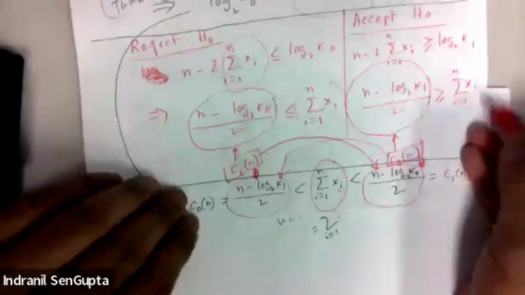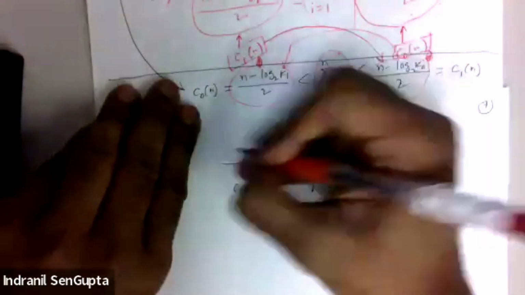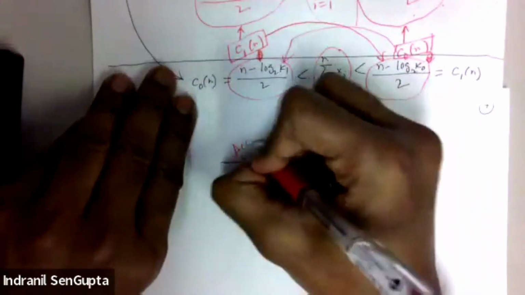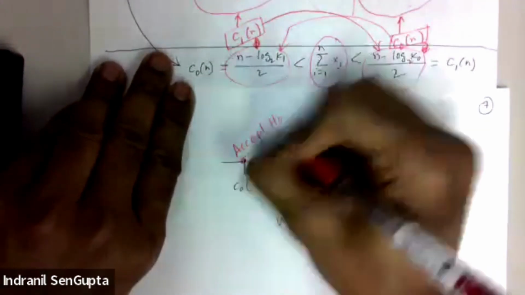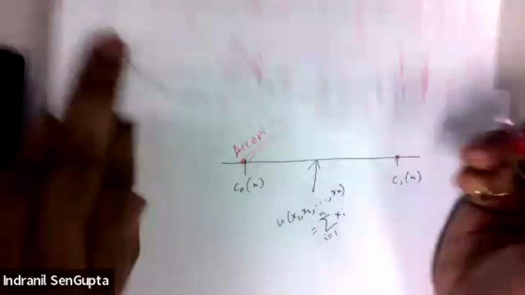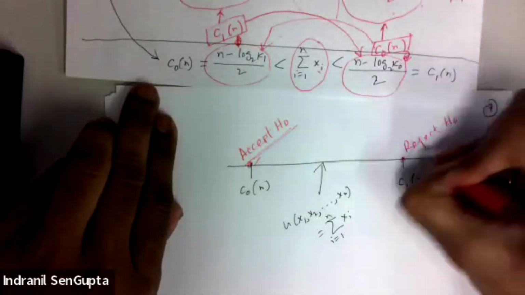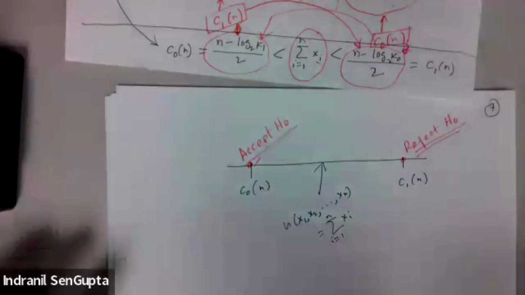So if the statistic value is less than or equal to C0, then we accept H0, versus if the statistic value is more than or equal to C1, then we reject H0, based on this statistic.